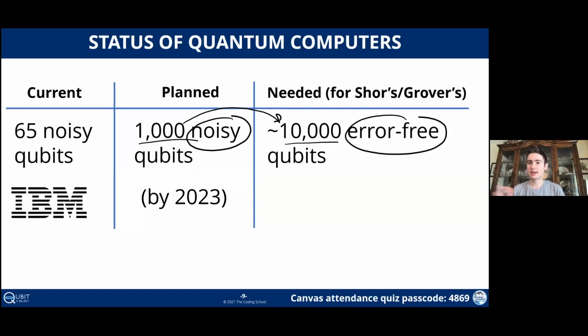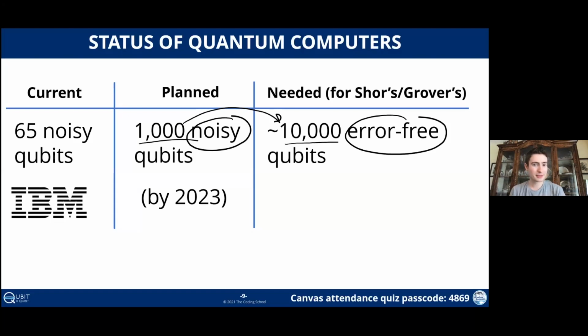Right? We didn't think about how error might affect our search. Would the algorithm remain useful even if there were errors? And the answer for Grover search turns out to be no, not really. If you have significant errors in your machine, this algorithm becomes useless really fast. And so in order to do it properly, you would need error-free or close to error-free qubits.